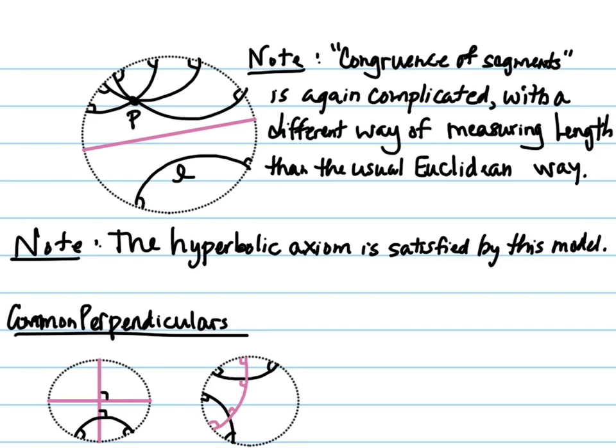One of the ones we talked about last time was limiting parallel rays. We did that visual last time for our Klein model. We can use a diameter if you want. We can use the non-diameters if you want as well.